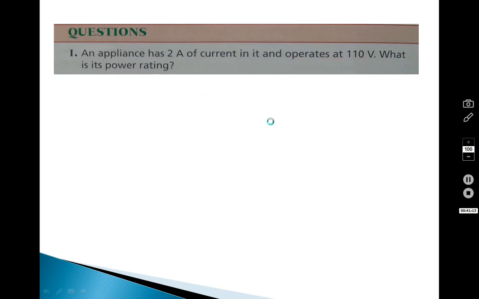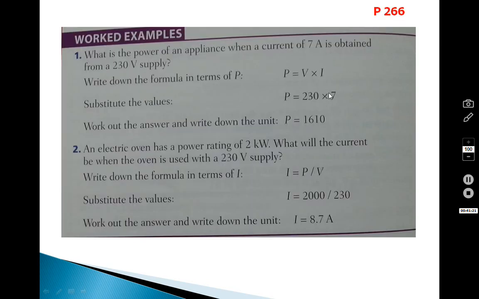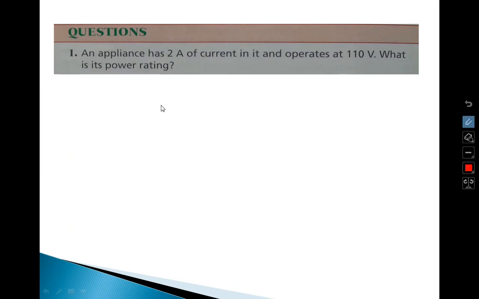As we said in the last slide, P is equal to V times I. The power rating is V times I, which is 110 times 2 ampere. So you can find the power rating: 220 watt.